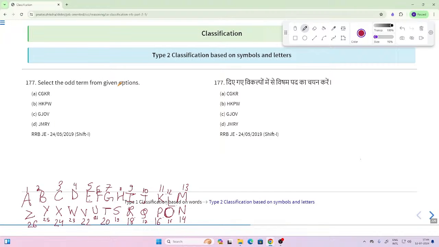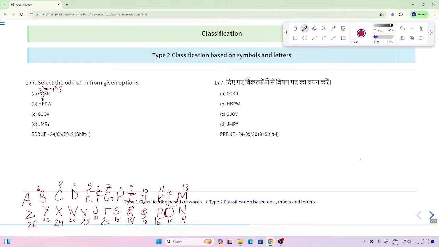Select the odd one from the given options. C is 3, G is 7, K is 11, R is 18. So that is 4, then 4, then 7.